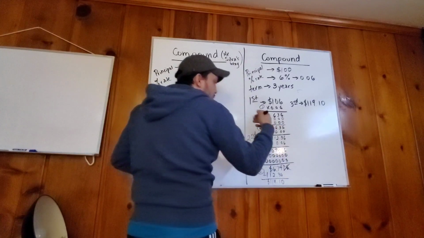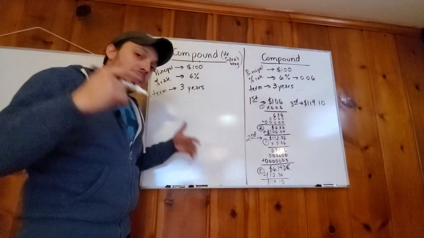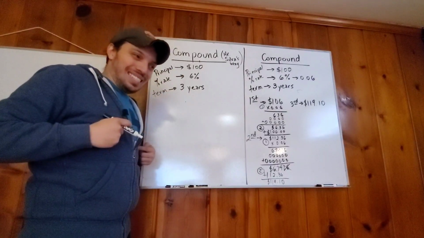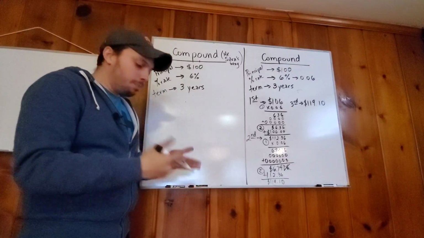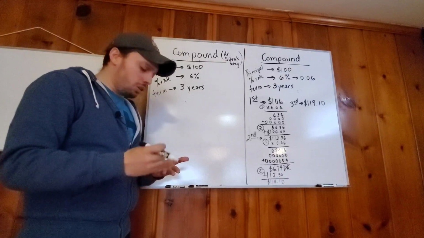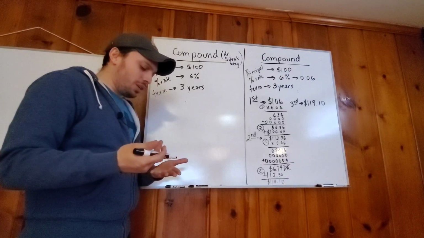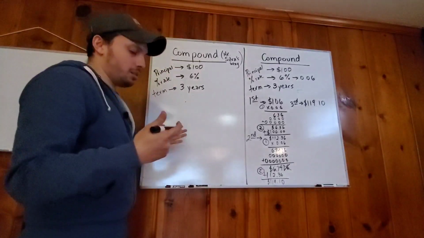So I always multiply and add, multiply and add. What if I want to add and then multiply? But what am I adding if I don't know how much 6% of $100, or 6% of my original amount, is?